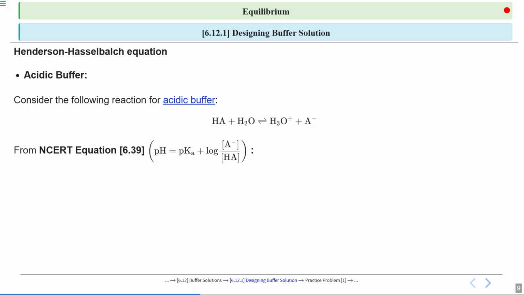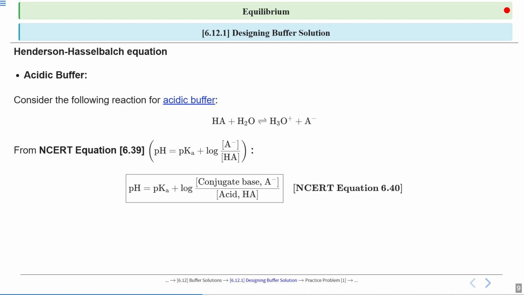Then, if you take the previous equation, pH equals pKa plus log A minus by HA, you can write it as log of conjugate base. What is this A minus? It is your conjugate base. So this is just a descriptive way of writing your previous equation. In the denominator, we have HA, which is the acid, right? So pH equals pKa plus log conjugate base by acid. This is your general formula to calculate the pH of an acidic buffer according to the Henderson-Hasselbalch equation.